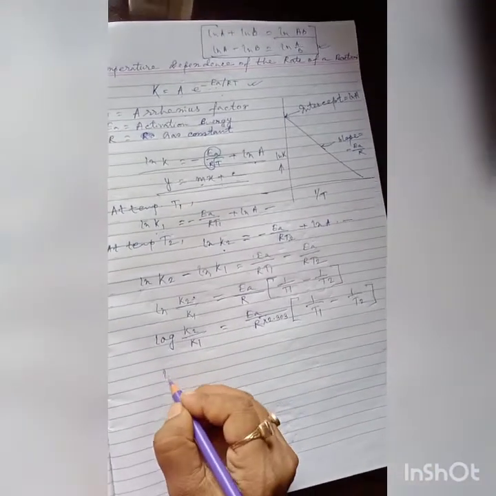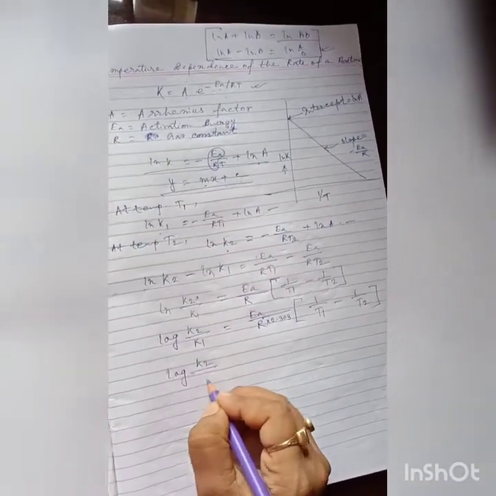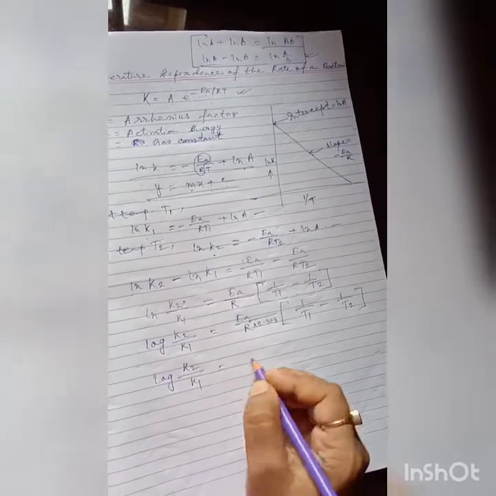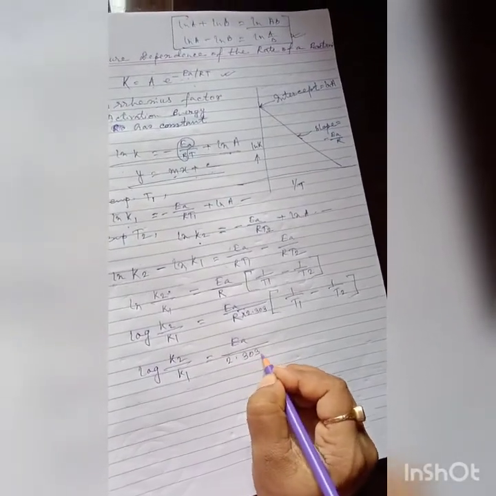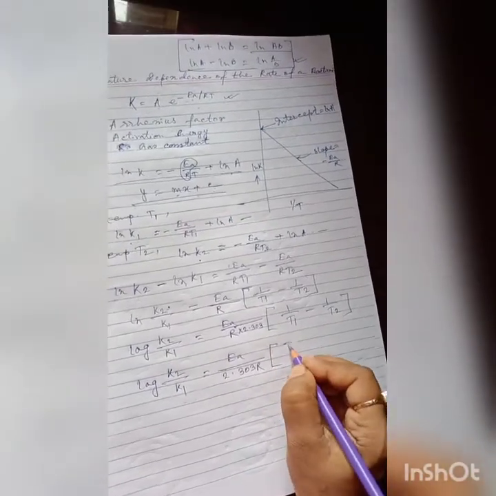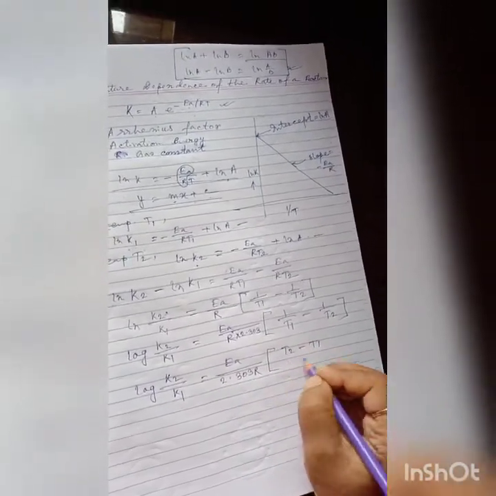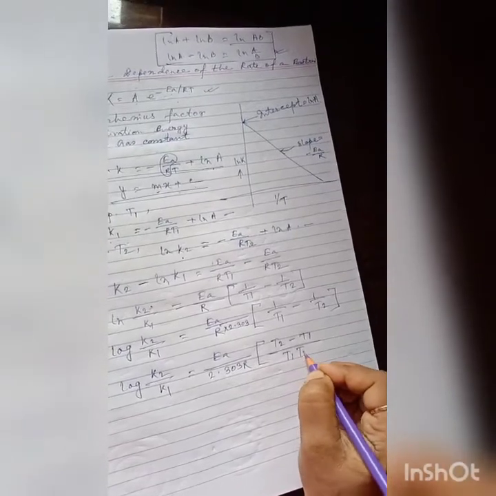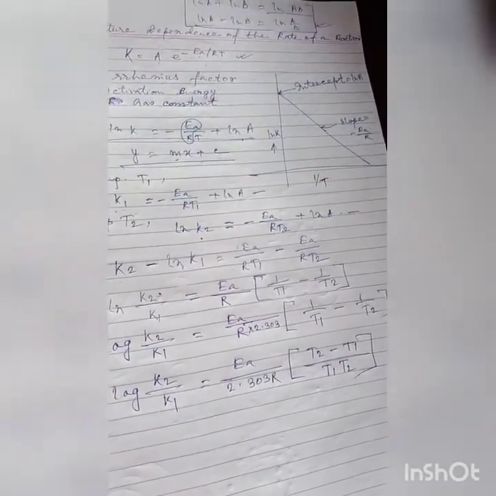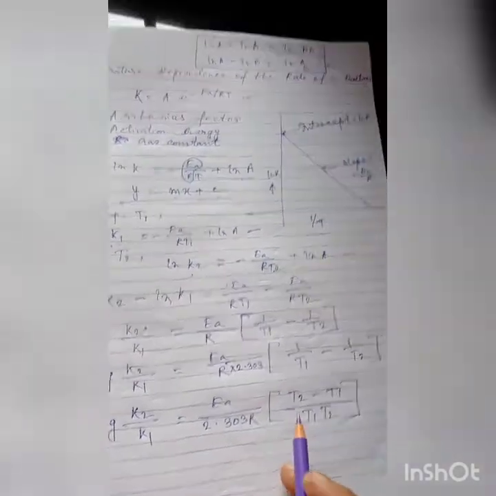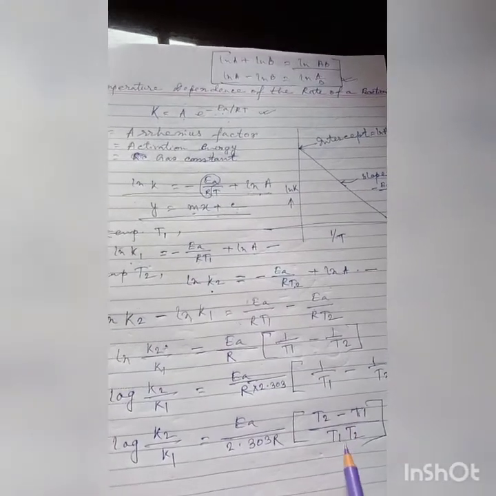So log k2 by k1 equals Ea by 2.303 R into T2 minus T1 by T1 T2.